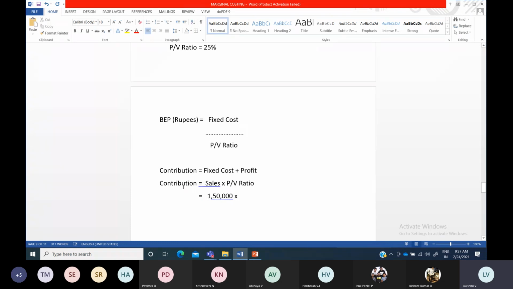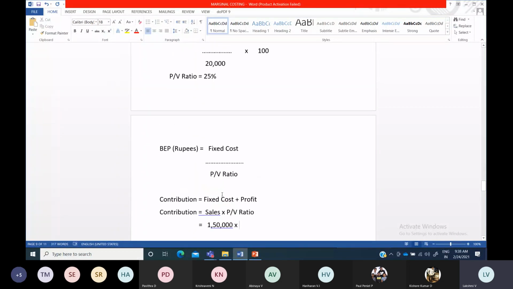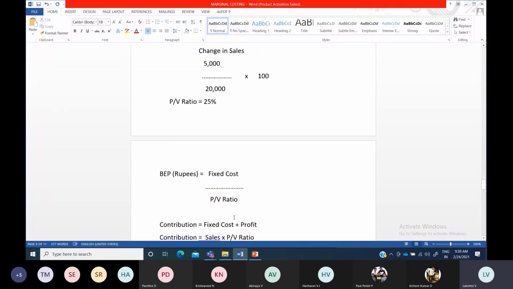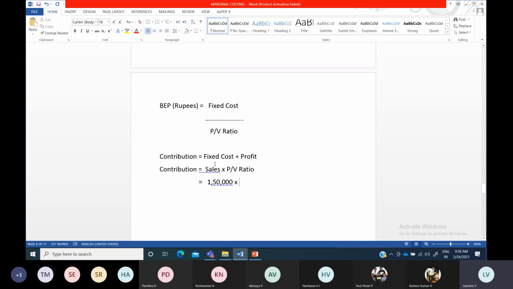So now the contribution formula we need to know. It is sales into PV ratio. The first year sales amount I have taken is 1,50,000. PV ratio, if you see, is 25%. So that 25% you have to bring over here.